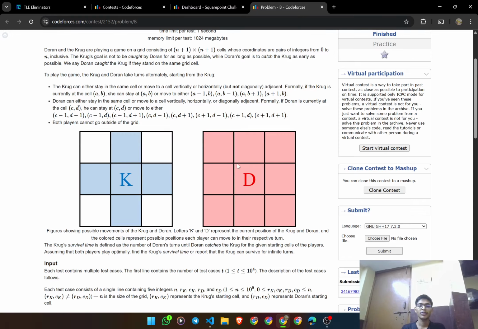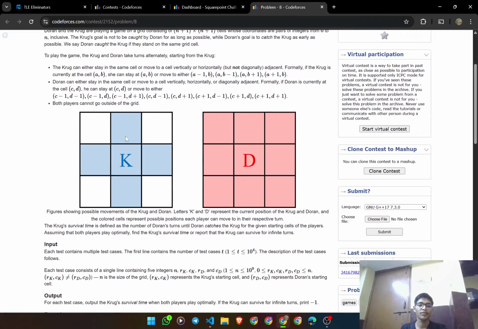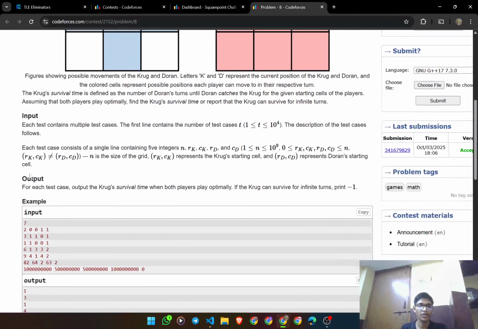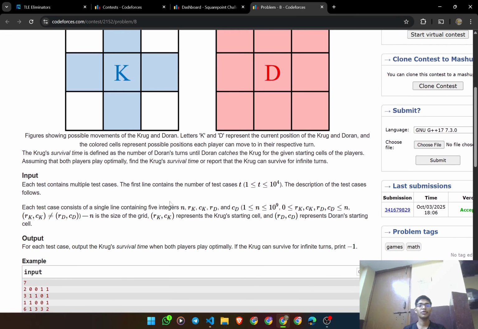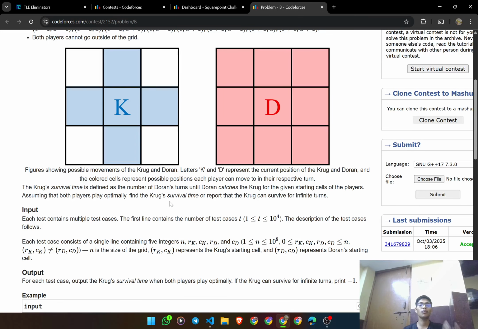Now what is the output required here? We have to figure out the maximum number of moves we can do so that the thief cannot be caught by the police for the maximum number of days.